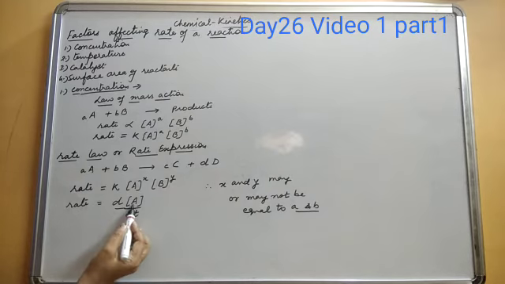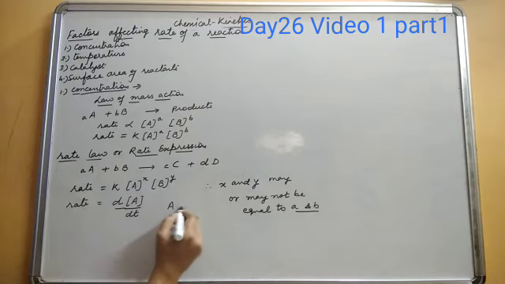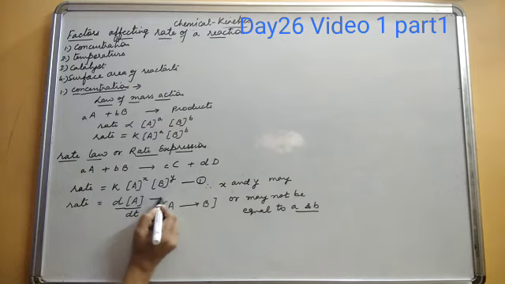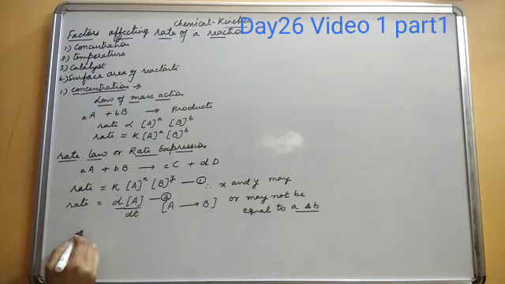We can write down here R also for symbolizing, or we can write down A. For example, this is the reaction where A is forming B. A is reactant, B is product. Now, if both the expressions are representing rate of the reaction, it means they are equal.